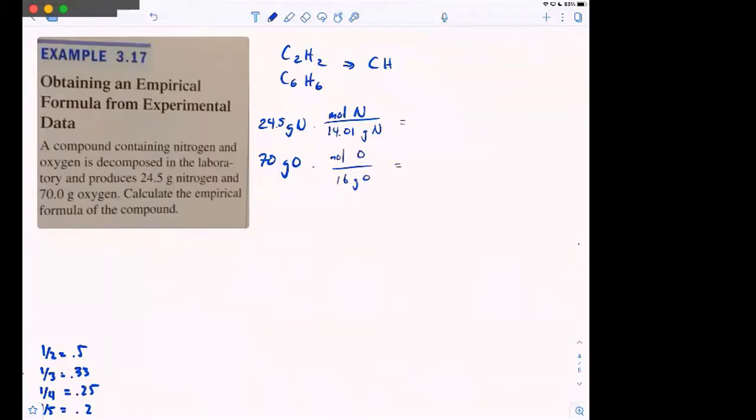We do both of those, and let me sneak ahead, and you get 1.75 moles of nitrogen and 4.38 moles of oxygen. So then you're like, all right, the empirical formula is going to be nitrogen 1.75 and oxygen 4.38. I'm done, yay.